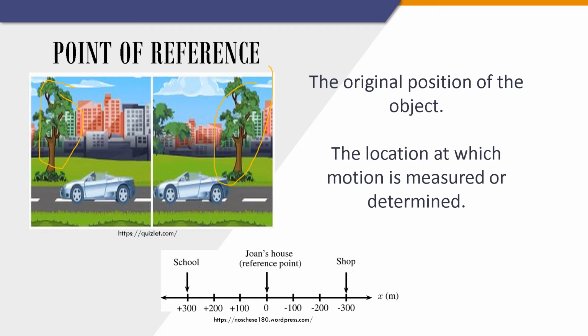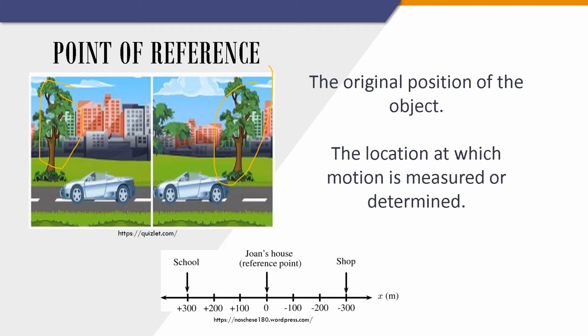Then, also, the point of reference is the location at which motion is measured or determined. So, in the discussion later, you will be able to know that the object's motion can also be described based on its point of reference.